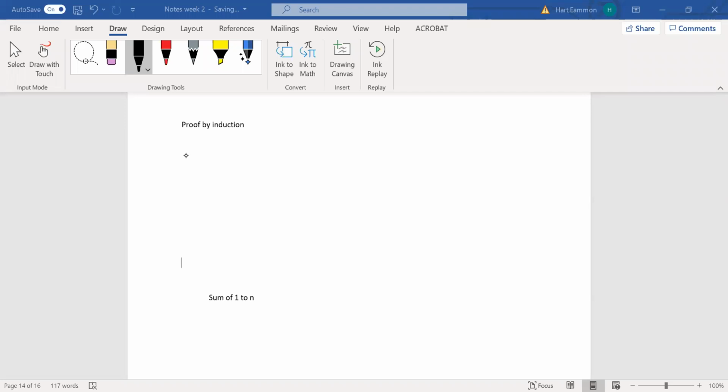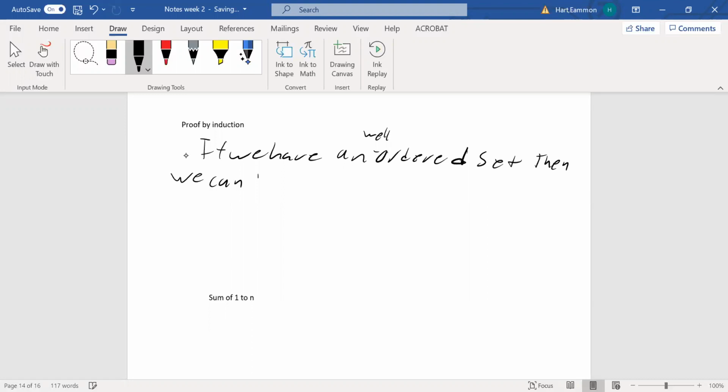Basically, if we have an ordered set, a well-ordered set, then we can prove... Well-ordered just means that there's a discrete next element, or the technical term is that for every subset there is a least element.